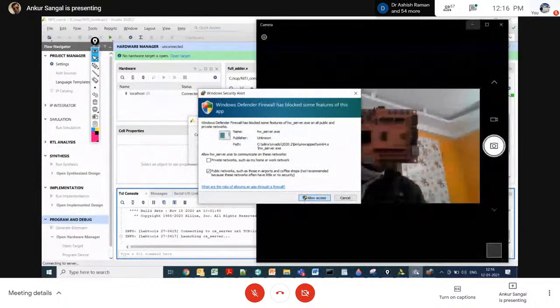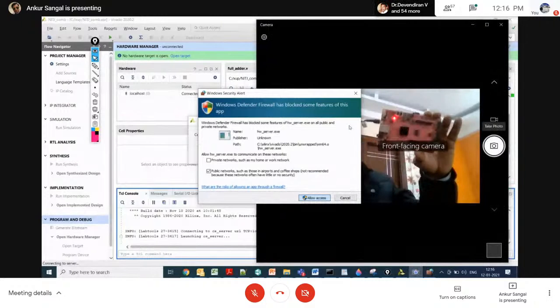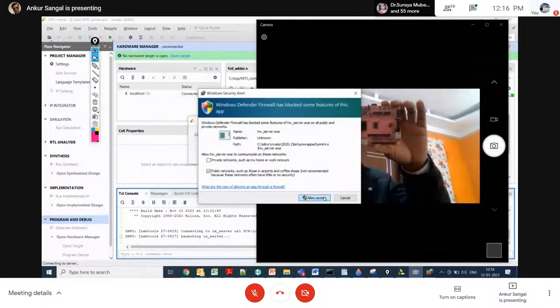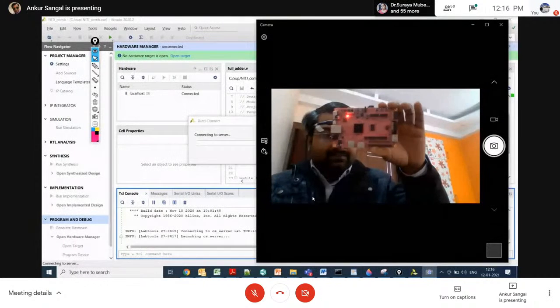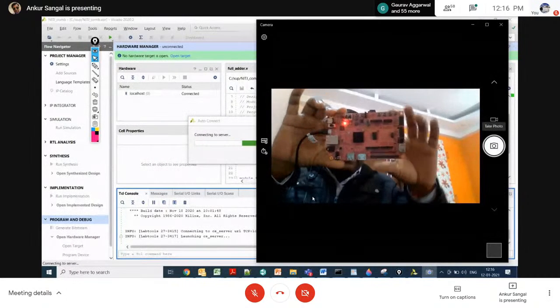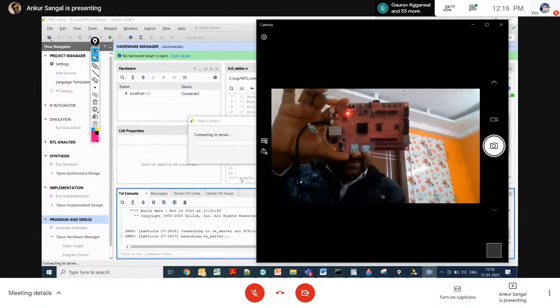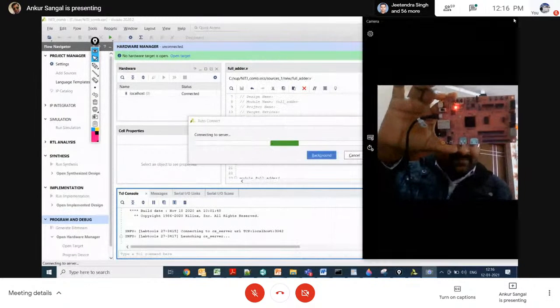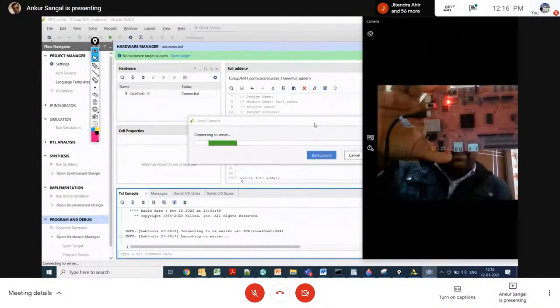Allow access. So you can see this is the board, it is connected through here. At that time it is scanning how many programmable devices are available. In this window you can see.